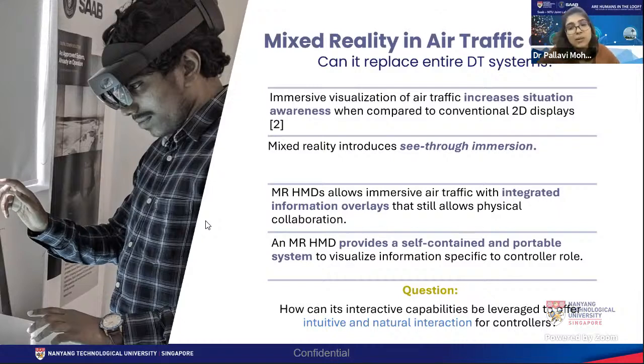Now, this was another question that we asked ourselves when we reached this stage. How can the interaction capabilities of such a headset, such as Microsoft HoloLens 2, or such a platform like mixed reality be used to offer a natural and interactive experience for controllers?